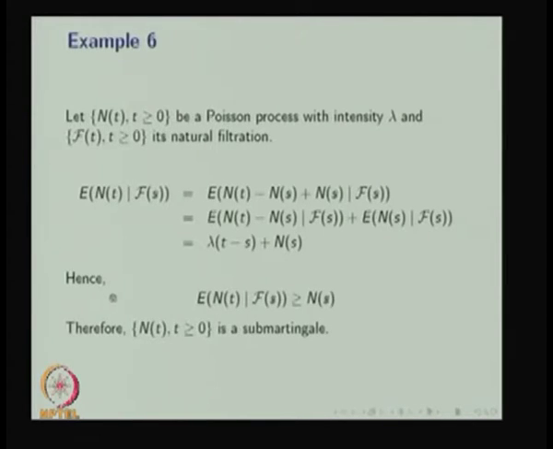Hence, the conditional expectation of N of t given F of s is greater than or equal to N of s. It's always greater than or equal to for all s less than t, where t is less than or equal to infinity. So this condition is satisfied for all s and t. Hence, the given stochastic process, that is the Poisson process, is a submartingale because of this greater than or equal to sign.